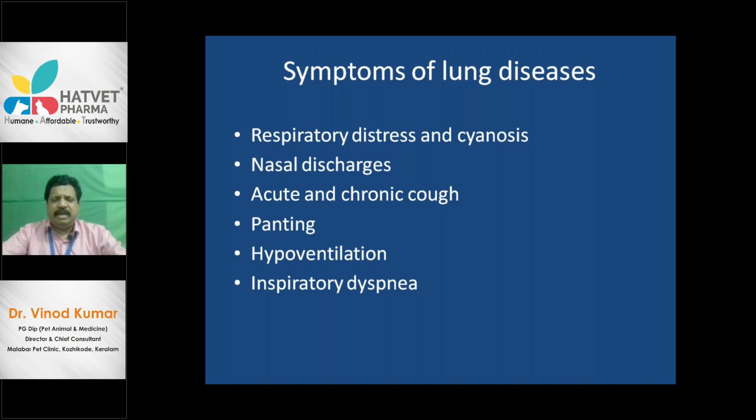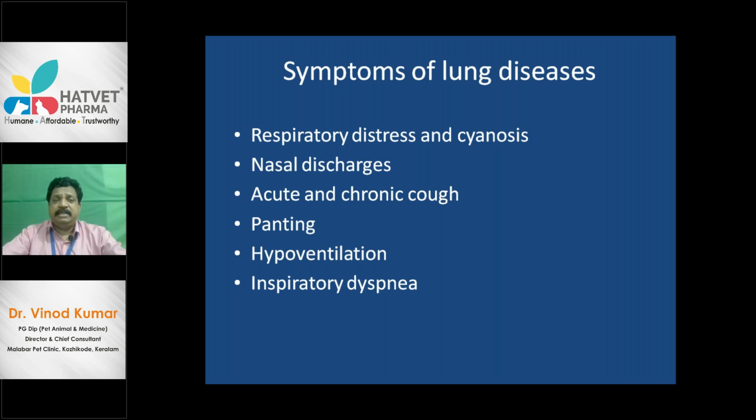See, cough is a natural body mechanism by which it is a collective effort of the intercostal muscles, the diaphragm and the stomach, that is the rectus abdominis muscle, by which it is abruptly pressing the lungs and squeezing the lungs so that some irritants or some unwanted elements in the respiratory tract is blown out. That is cough and sneeze.